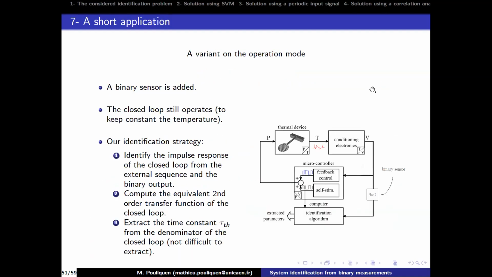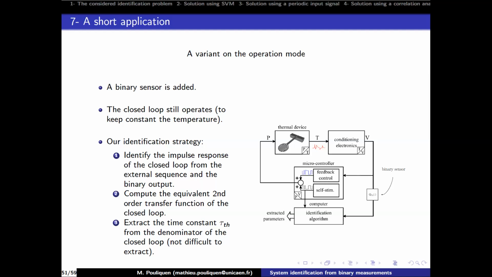The variant we have used here is with a binary sensor. In the previous mode, I assumed to know the real output. Here, the result I will give is with this additional assumption: we don't know the real output.